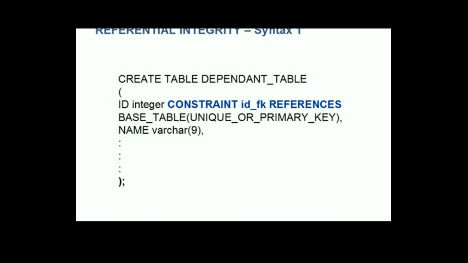A table whose column values depend on the values of other tables is called dependent or child table. And a table that is being referenced is called the base or parent table. Only tables that have columns defined as unique or primary key can be referenced in other tables as foreign keys for referential integrity.